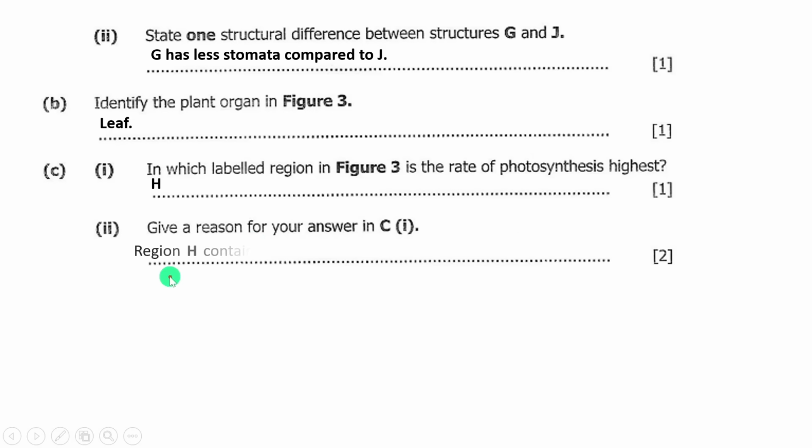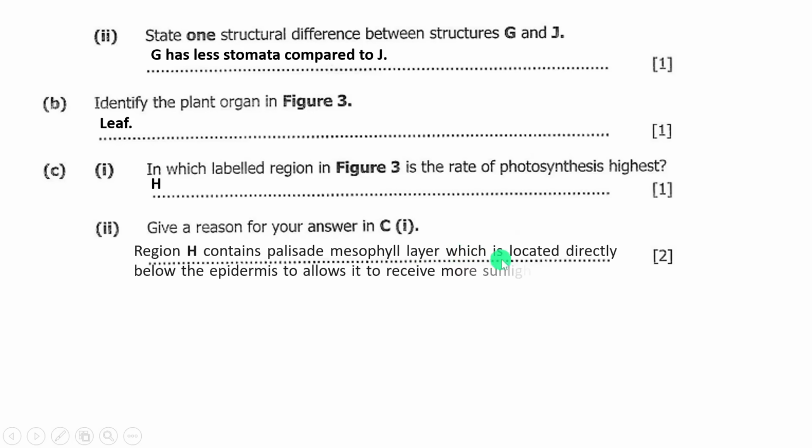So the reason is that region H contains palisade mesophyll layer, which is located directly below the epidermis, to allow it to receive more sunlight than other layers of the leaf.